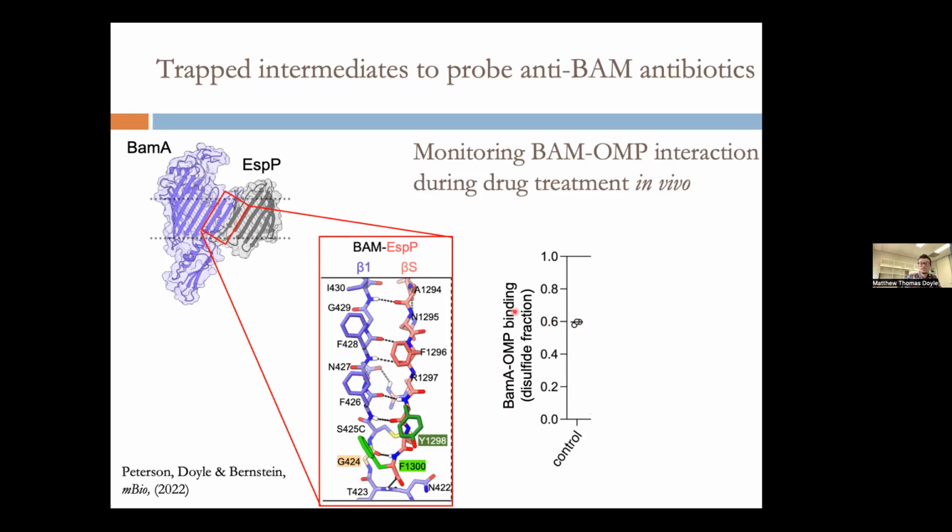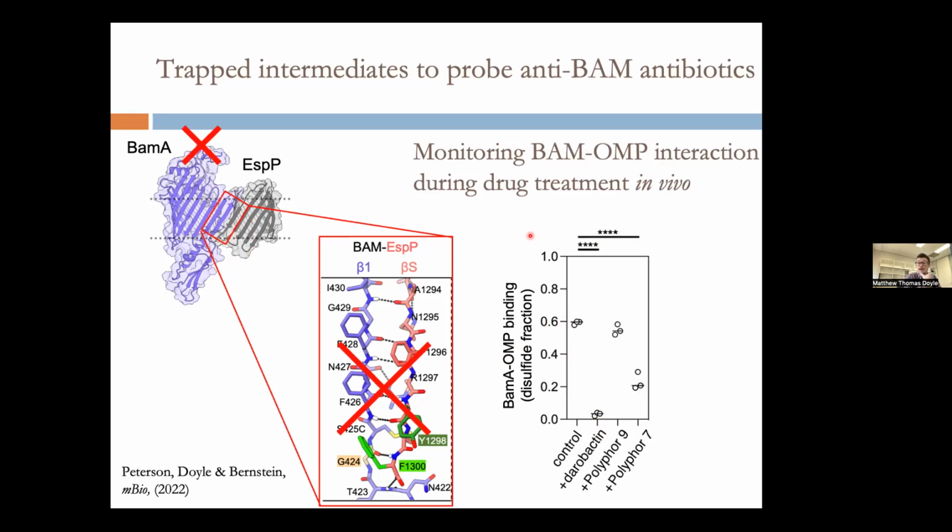But if I take one of those antibiotics, darobactin, from one of those Nature papers, and put it on those cells, then there's no binding. This is a really good confirmation that this inhibitor is a competitive inhibitor of this site. And this is all in vivo evidence to support these modes of action.